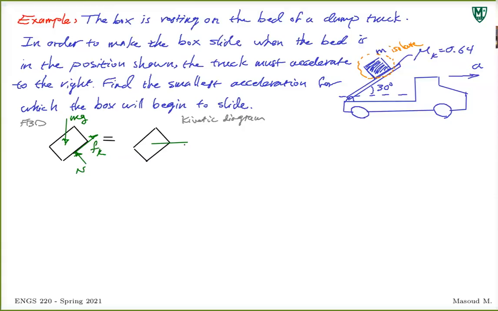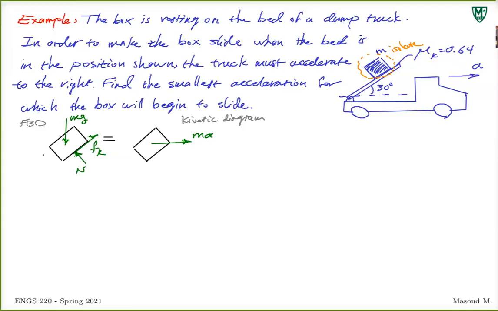For the kinetic diagram, I have to multiply the mass of whatever this acceleration belongs to. So that becomes ma, the mass of this box with its acceleration.